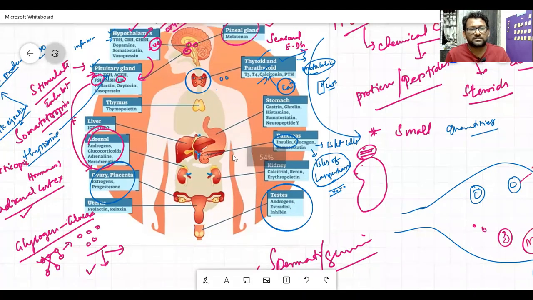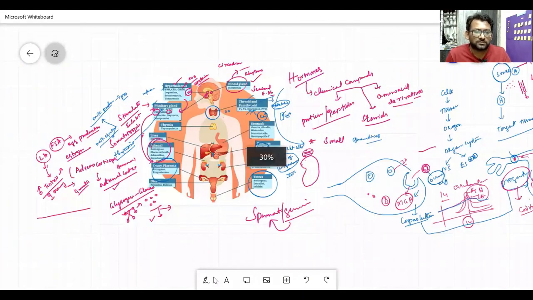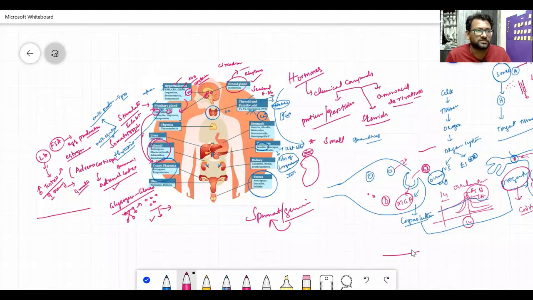So here we discussed important endocrine organs and how they affect behavior. Here we have seen the behavior of certain cells. It means we have seen how these hormones released by the endocrine glands would eventually have an impact on the entire system, right?